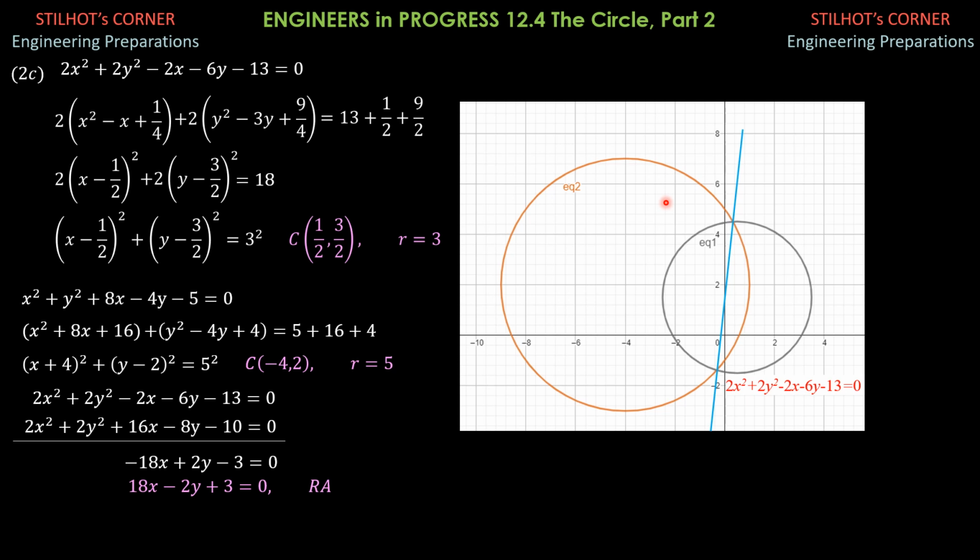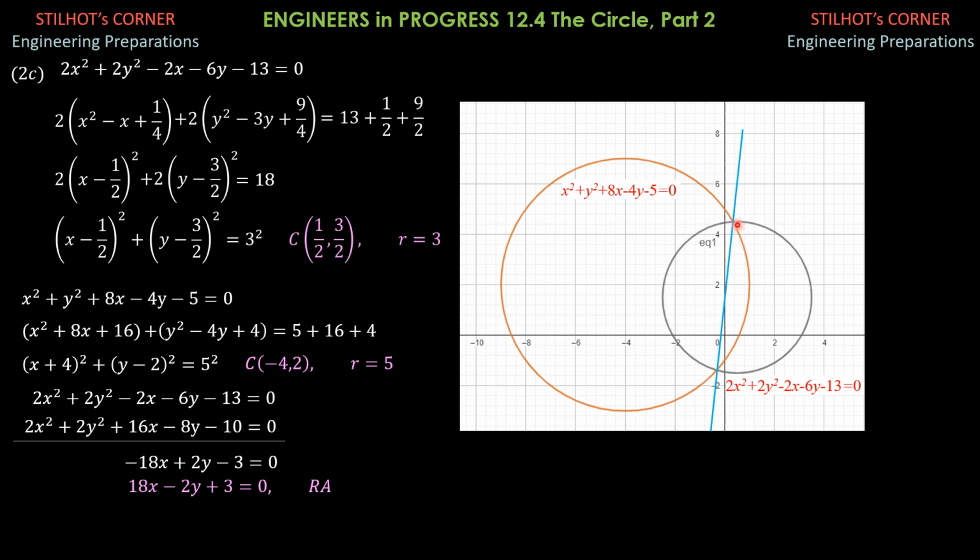The other circle has center at negative 4, comma, 2: x squared plus y squared plus 8x minus 4y minus 5 equals 0. And this circle here is 2x squared plus 2y squared minus 2x minus 6y minus 13 equals 0. So that's it. Then for the radical axis, it's this.